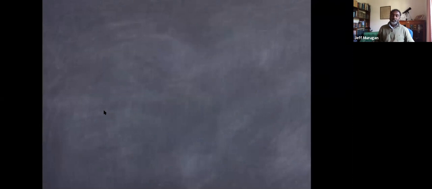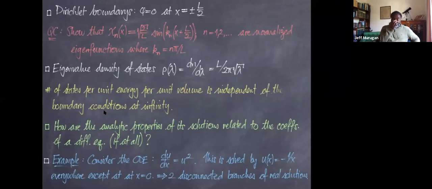So as long as I'm restricting my attention to real valued functions, I will have these two disconnected branches. Okay, there's no way to connect them unless I go through x equals 0.